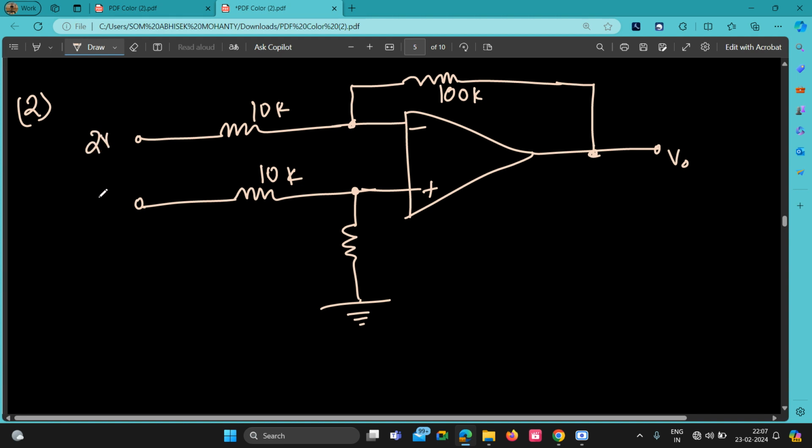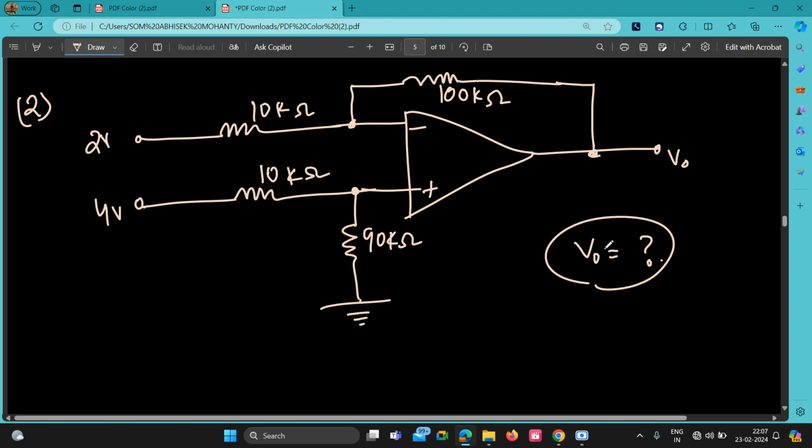K means thousand. So instead of writing ohm again all the time, just K. So please try this question. You have to find the value of V naught. Please try this question. You have 2 minutes.